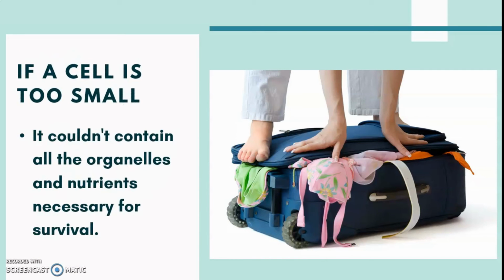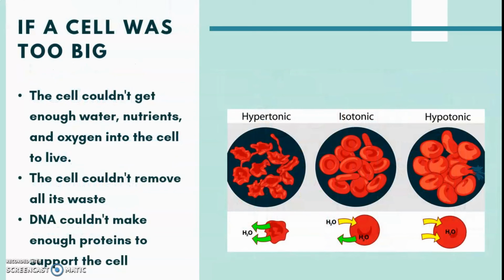If a cell is too small, it couldn't contain all the organelles and nutrients necessary for survival. If a cell was too big, the cell couldn't get enough water, nutrients, and oxygen into the cell to live. The cell couldn't remove its waste. The DNA couldn't make enough proteins to support the cell.